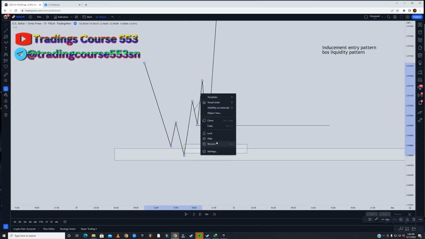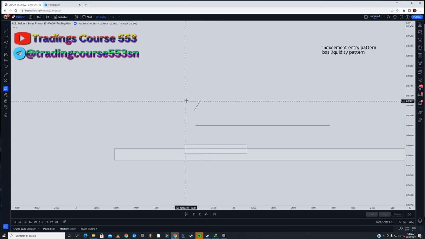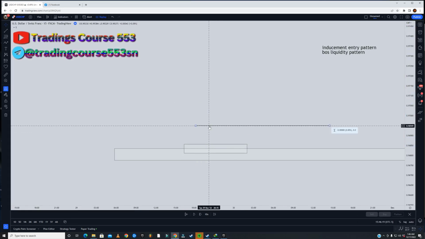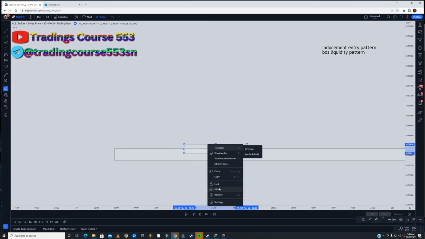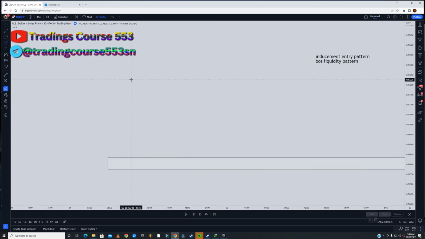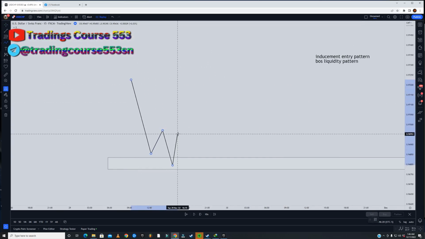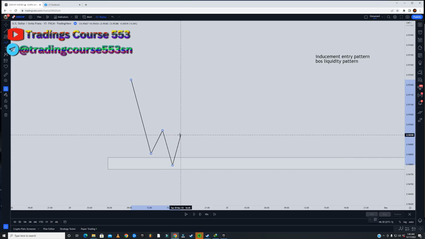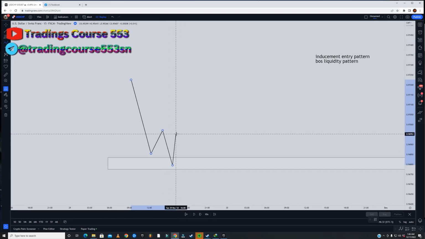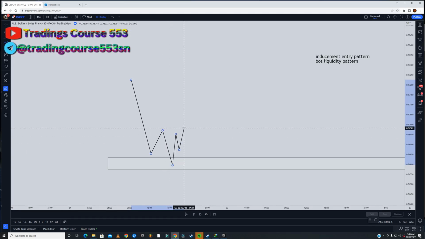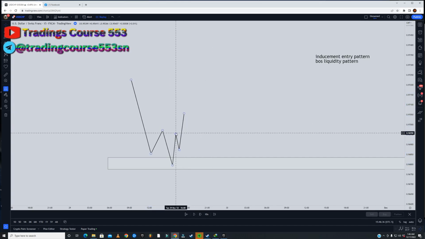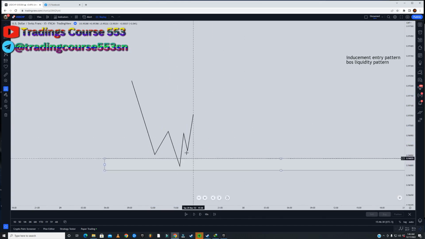So let me just draw this out, delete this, and delete this as well. Price can actually come back, and before the market structure shift happens, price can actually create a break of structure liquidity pattern.